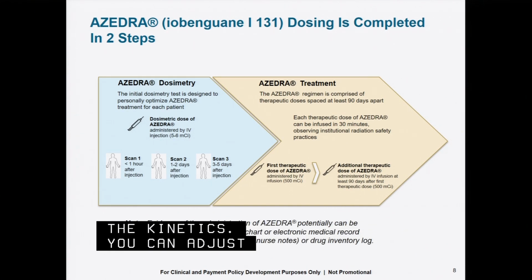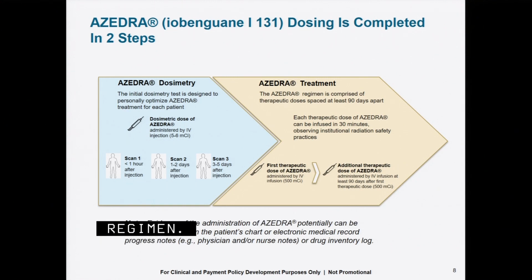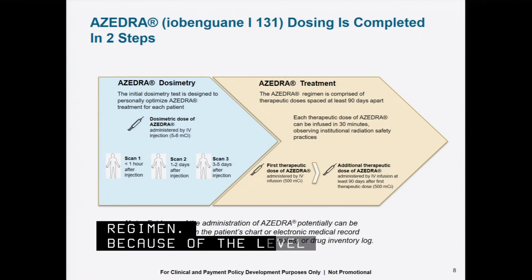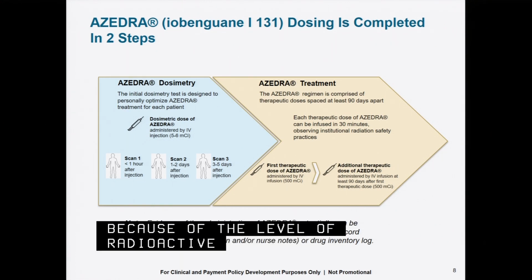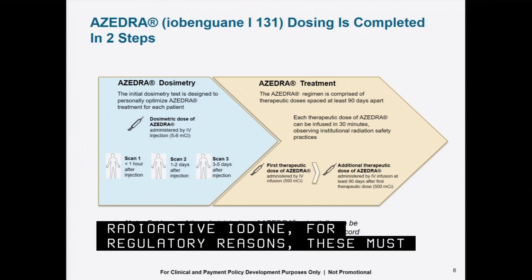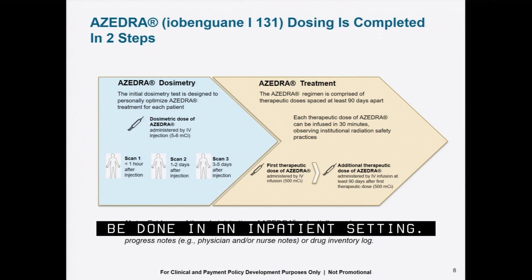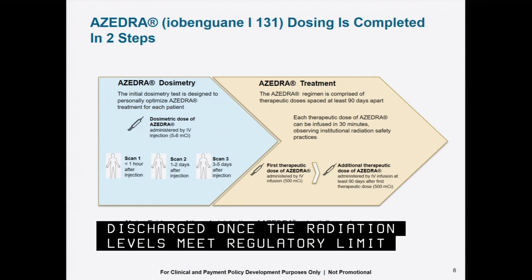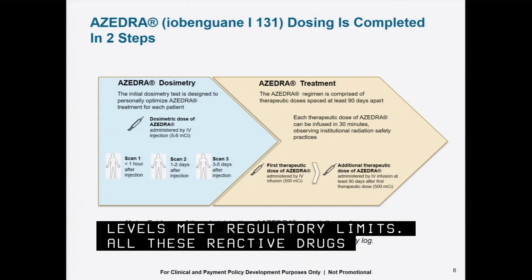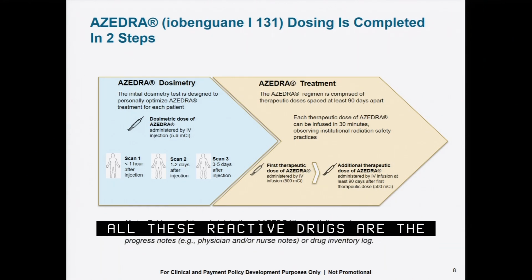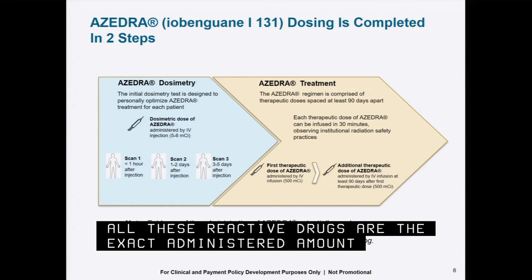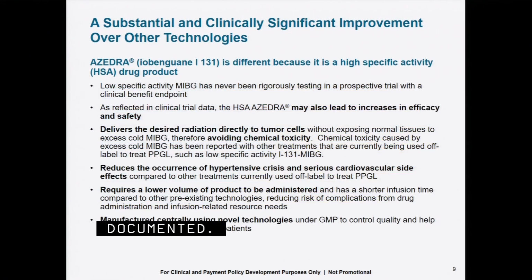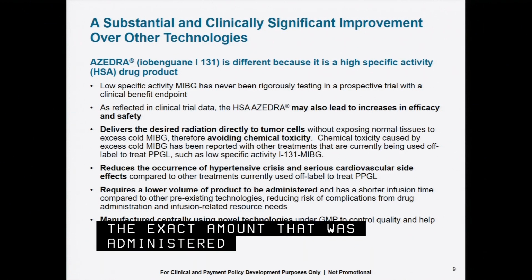Because of the level of radioactive iodine given in these treatments, for regulatory reasons, these must be done in an inpatient setting for radiation safety precautions, and then the patient can be discharged once their radiation levels meet regulatory limits. And all of these radioactive drugs, the exact administered amount is documented in the medical record, usually as a radiology procedure, so the exact amount that was administered can be found clearly in the record.